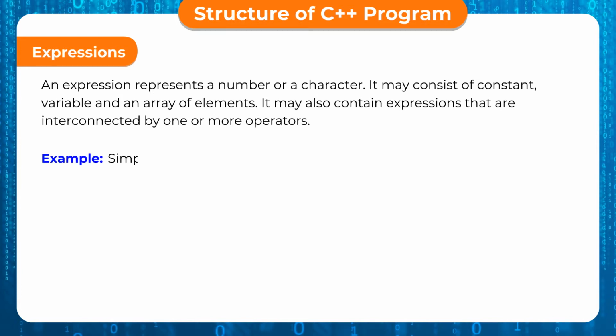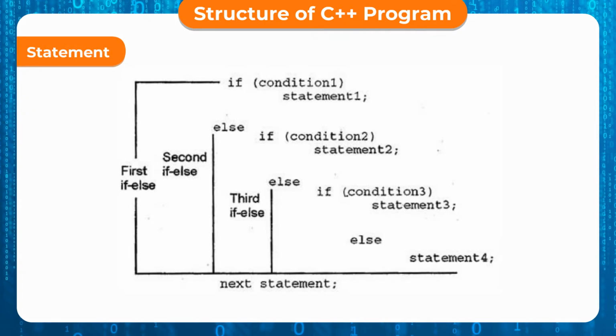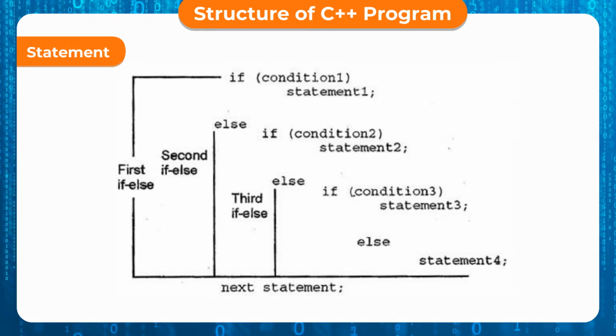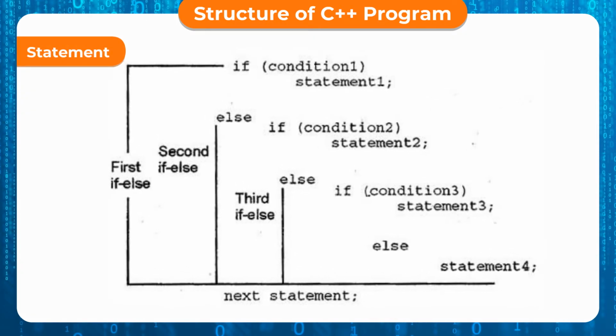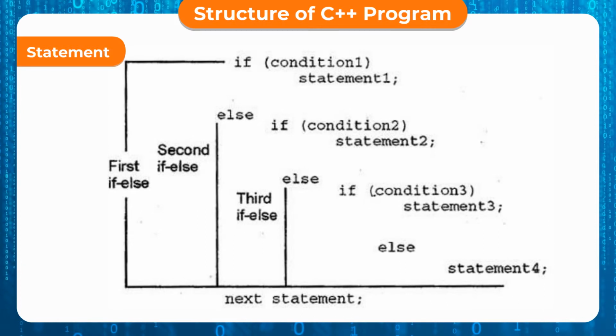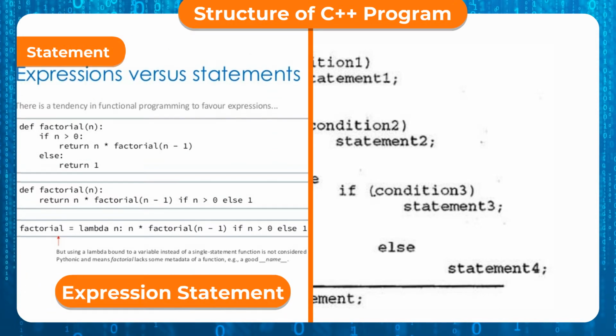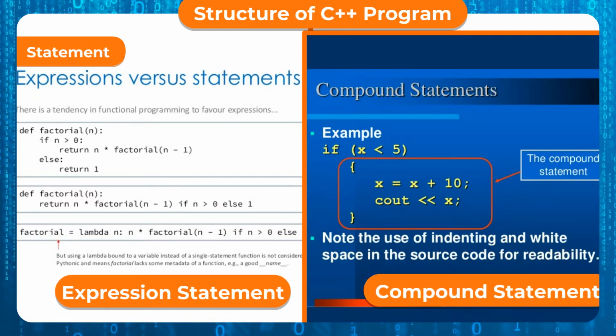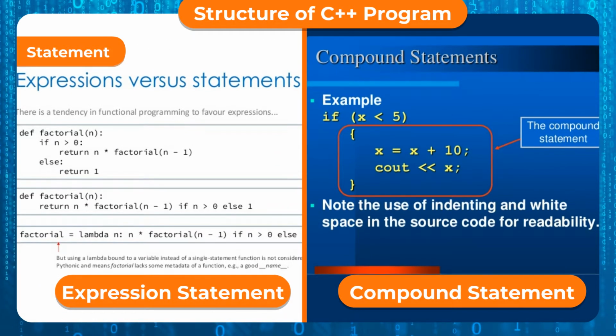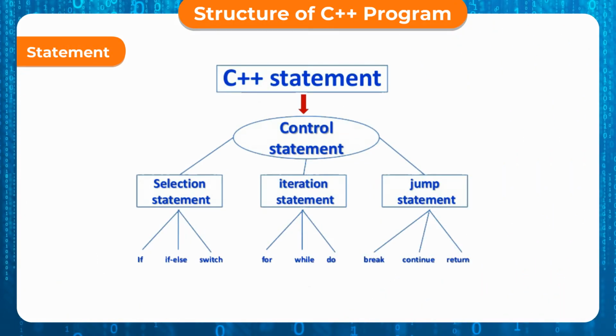Example: simple expressions a + b, a == b, c = a + b. Statement: it causes the computer to carry out some action. There are three types of statements in C++: expression statement, compound statement, control statement.